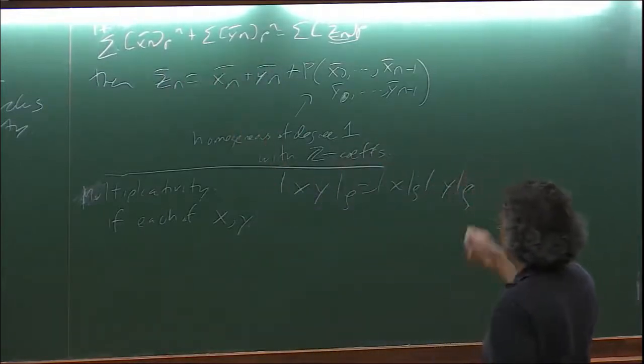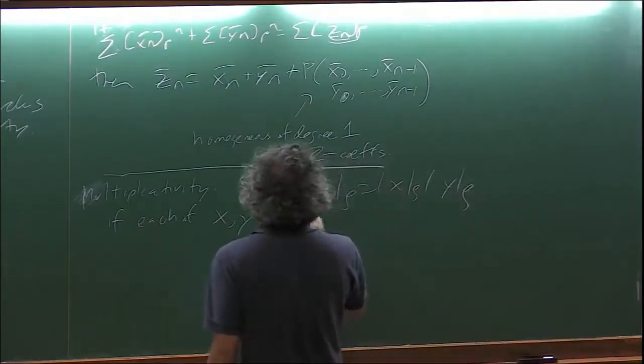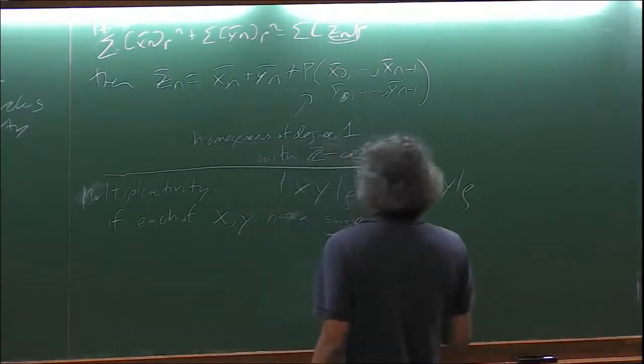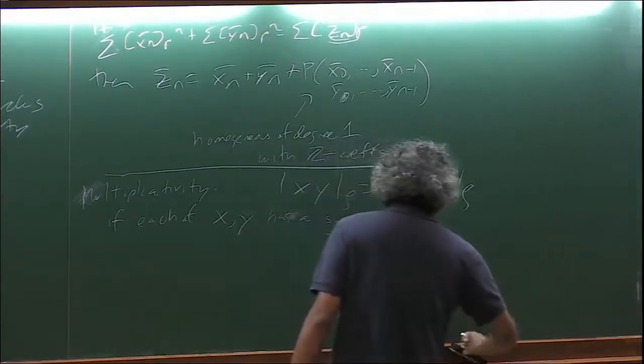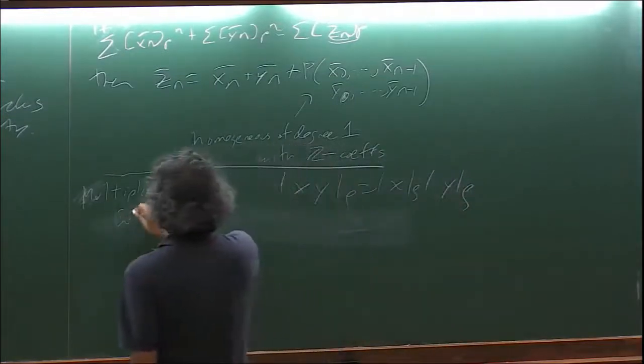I won't write it out on the board again. But if each of x and y has a single dominant term, what is clear?